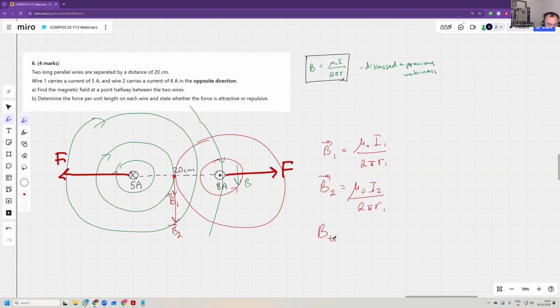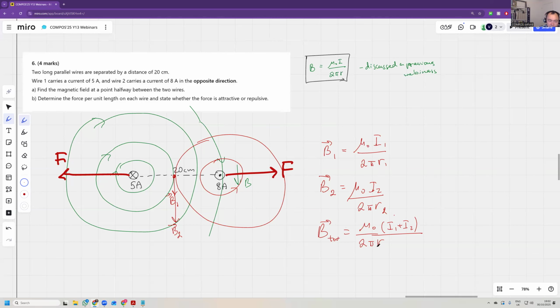So B total is equal to mu0 divided by 2 pi R, where R is half the distance, multiplied by I1 plus I2.